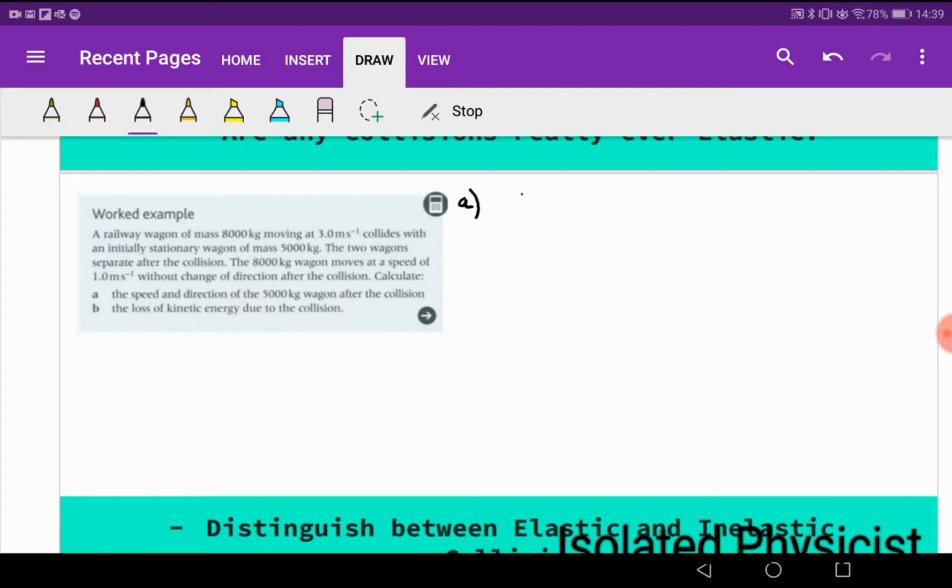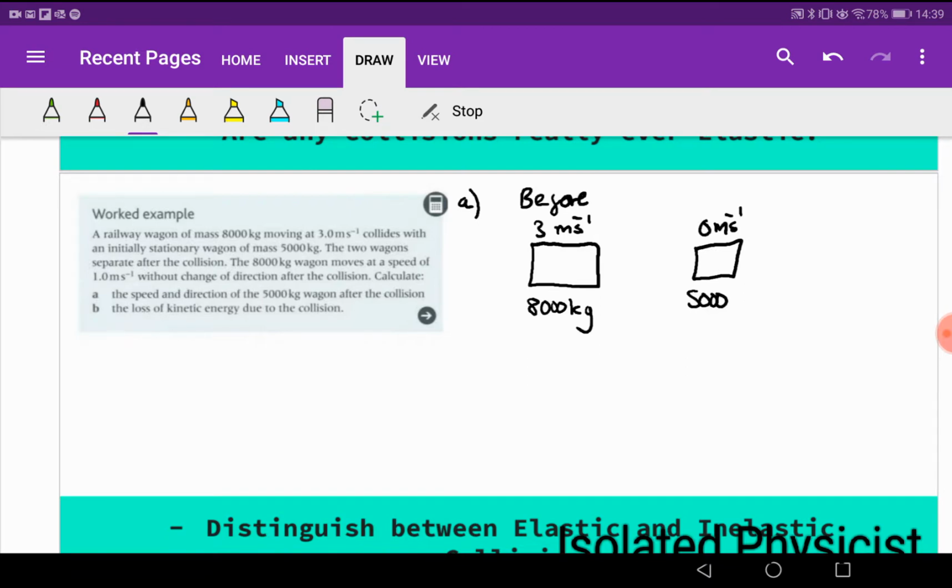So, I want my before diagram. What have we got? We've got an 8,000 moving at 3 meters per second, and an initially stationary wagon of mass 5,000.